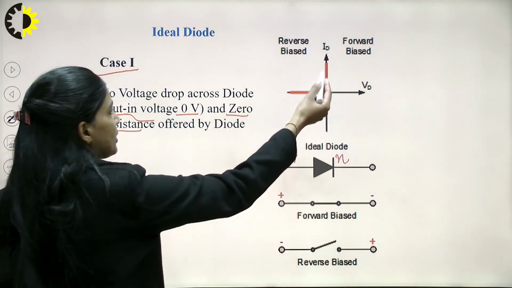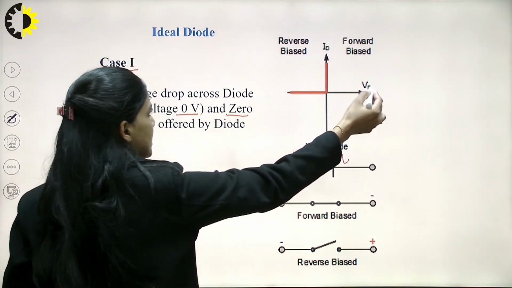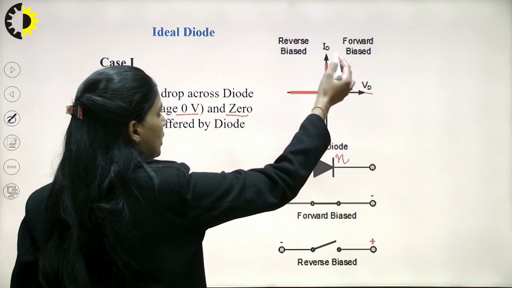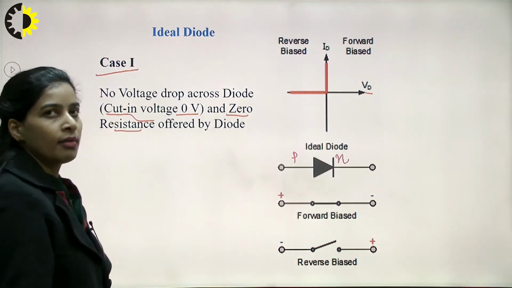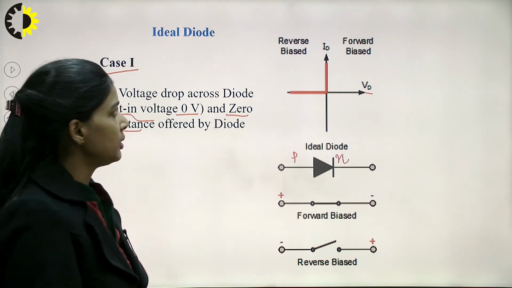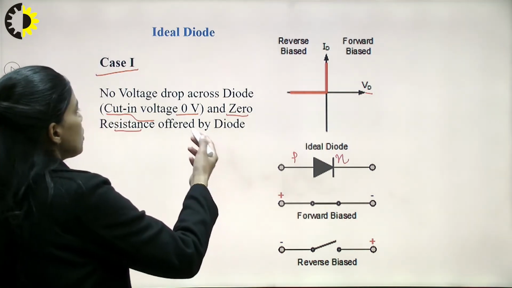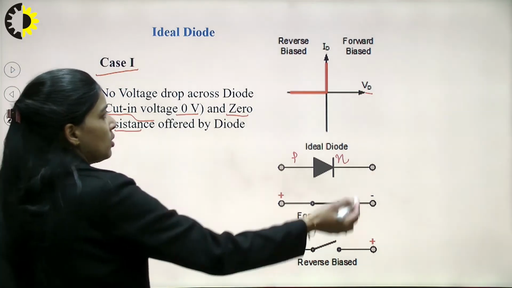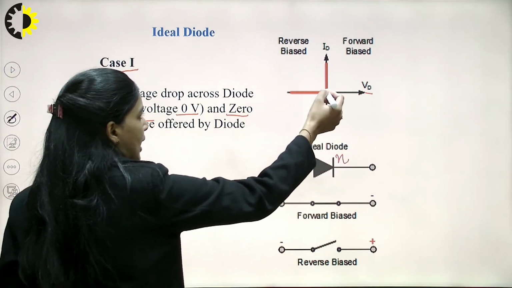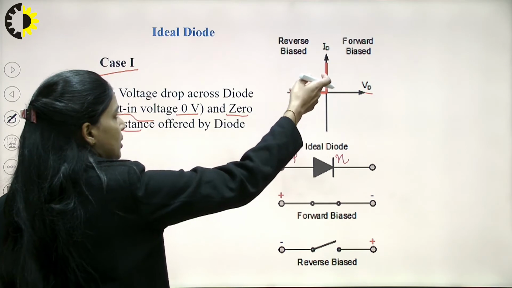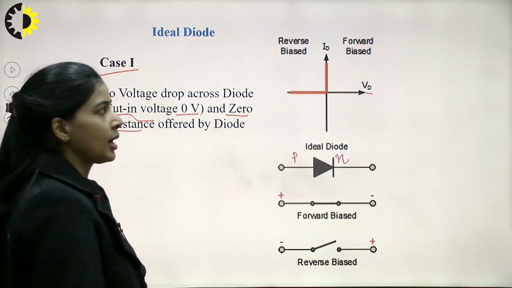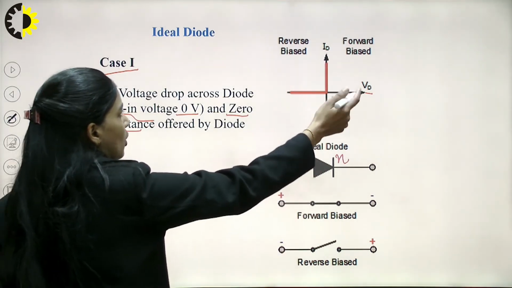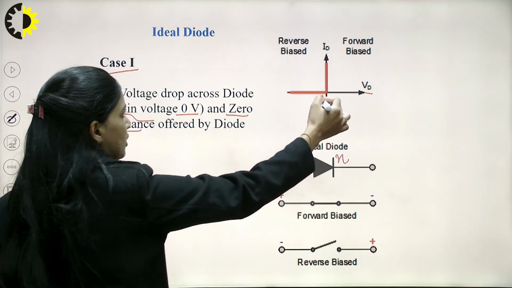So here in the characteristics we can see on the x-axis we have diode voltage, on the y-axis we have the current flowing through the diode. When the cut-in voltage is 0, so when the voltage across the diode is 0, there is a sharp rise in the current, there is flow of current when Vd is 0.